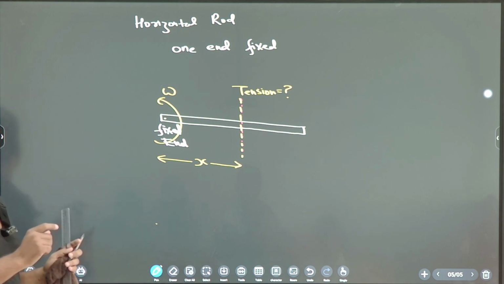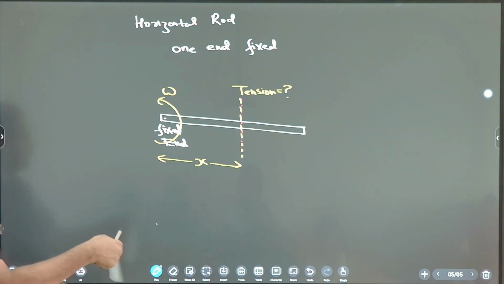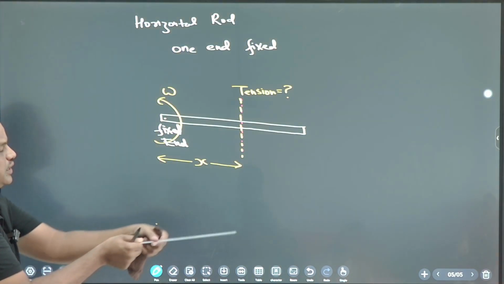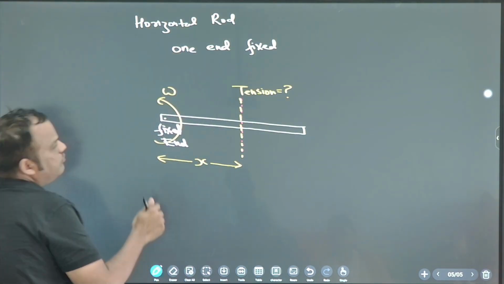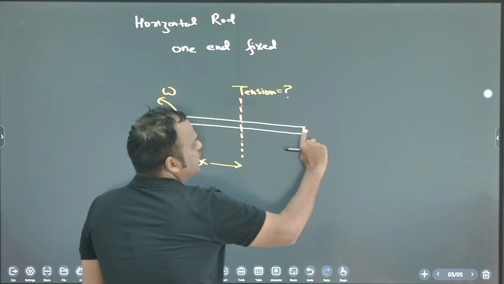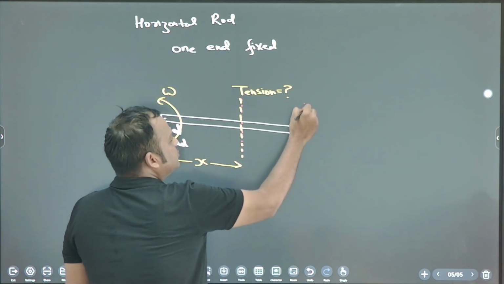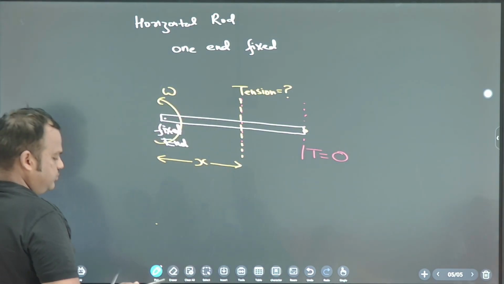When I rotate this object, it is pulling my body too. That pull force is known as tension. If you consider this point, is there any object on the right side of it? No. So here tension will be zero. Okay, understood?